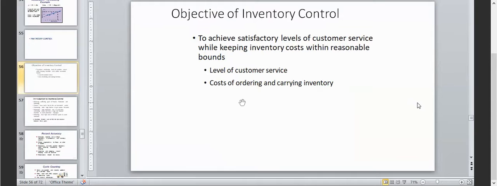Okay, we finished discussing forecasting. Overall, we only discussed a number of forecasting techniques: the simple moving average, weighted moving average, exponential smoothing, and also simple linear regression.